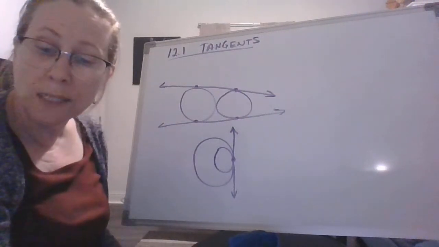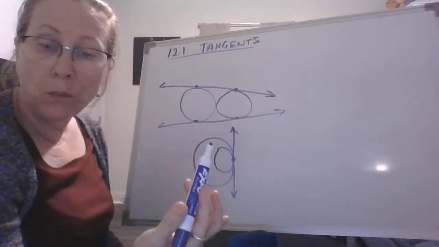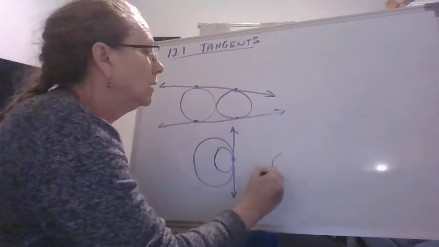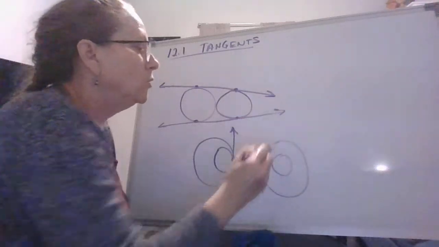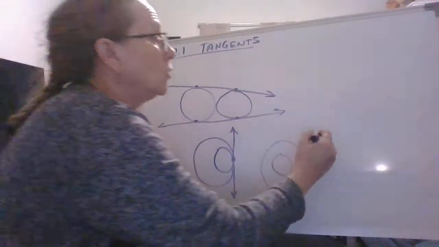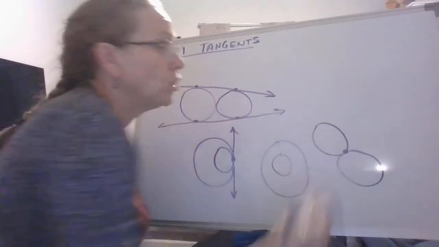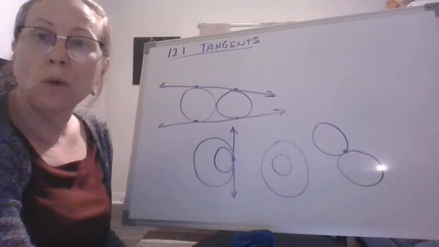So that's certainly possible. If circles have no points of intersection, you might have one circle inside the other. You can have circles that are tangent to one another, joining at just one point. So there's a few options there.